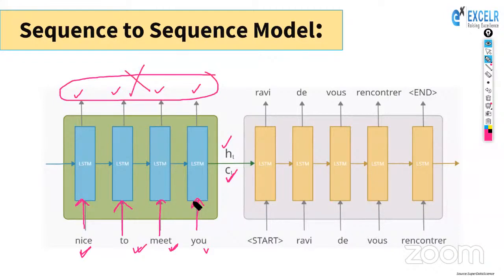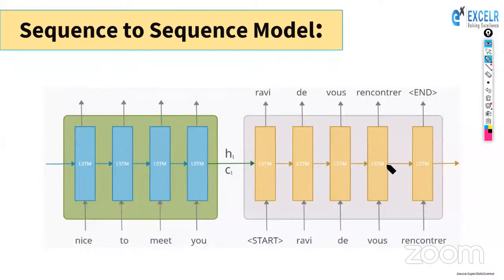From the encoder, we only carry forward the internal state and cell state. The internal state is similar to your hidden state. The cell state is similar to what you can call long-term memory. So the context available from the past is stored by the LSTM model. And the decoder, based upon that, will generate the output.